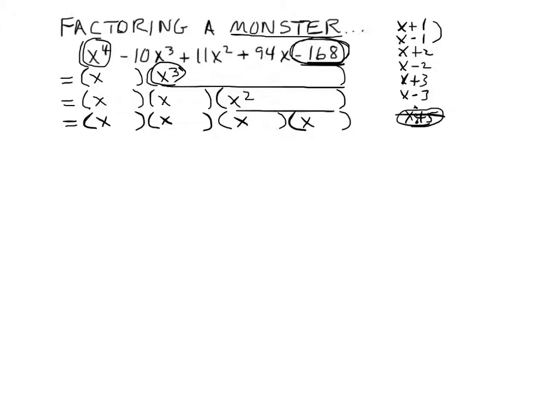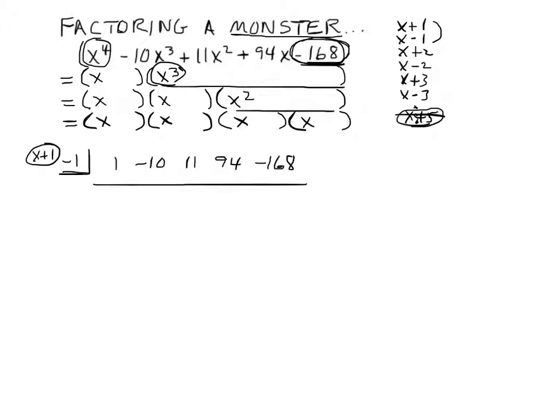But the ones, of course, will always work. So we're going to divide x plus 1 into 1x to the fourth minus 10x to the third plus 11x squared plus 94x minus 168. To divide by x plus 1, we put a minus 1 in this divisor box.